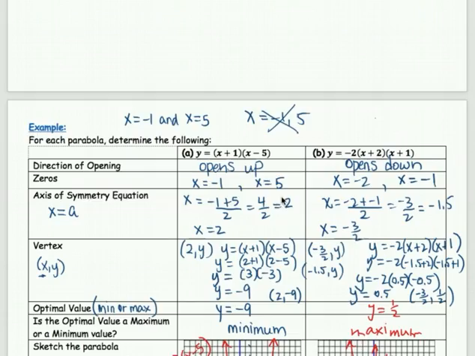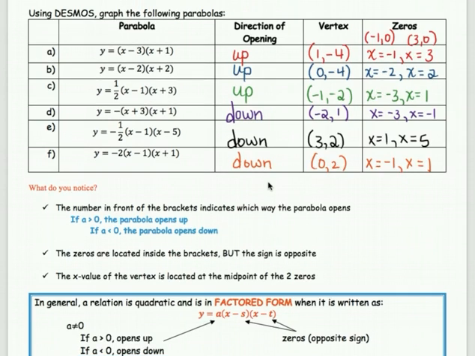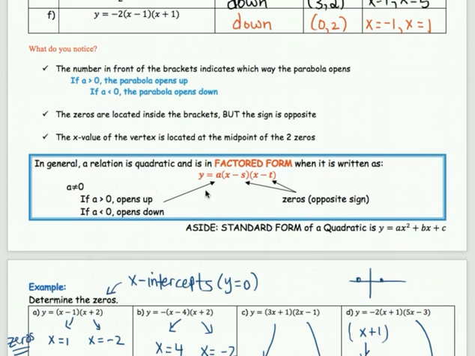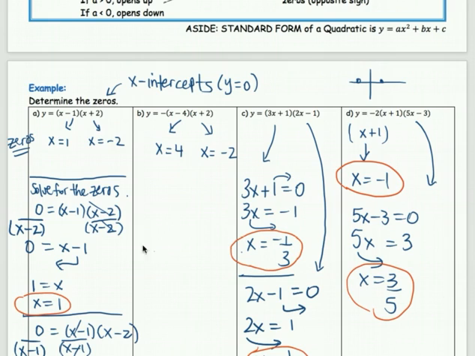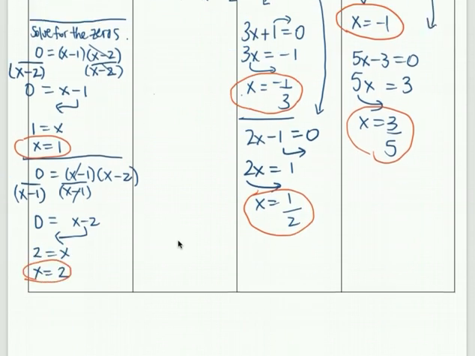Nice short lesson, hopefully. So again, you have now been introduced to the factored form. You should know the a value is the same as the a value in the vertex form, but now you have the rest of the equation looking like this, and these are the zeros, which are also the x-intercepts. So you should be able to find the x-intercepts easily, the zeros.